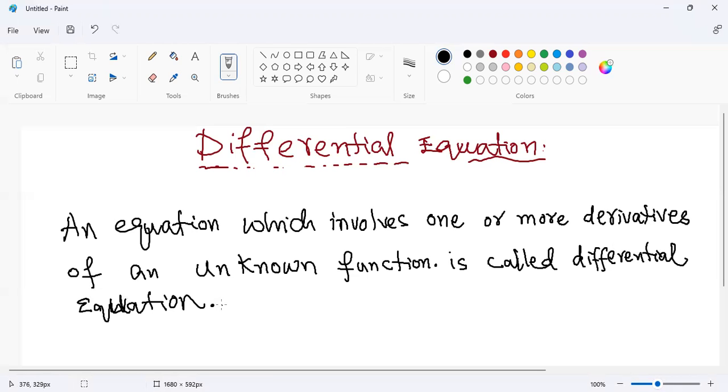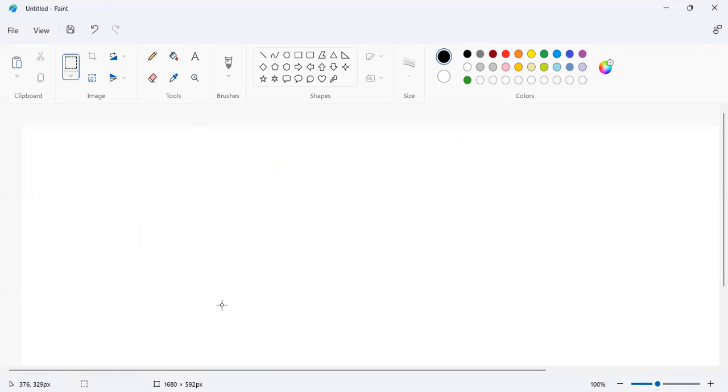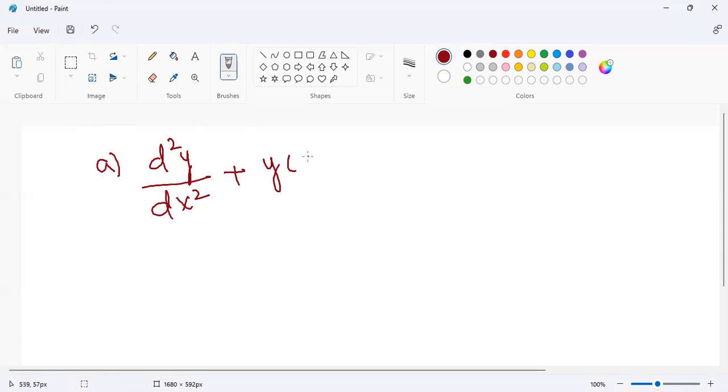So let's move ahead and see some of the examples of differential equations. Let's say we're writing d squared y by dx squared plus, let's say, y of x to be sine of x.